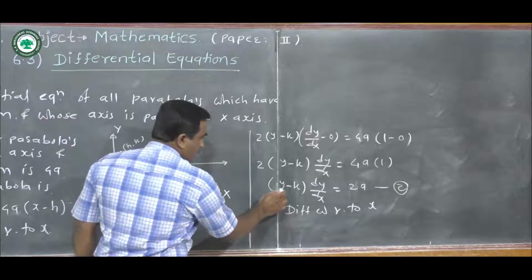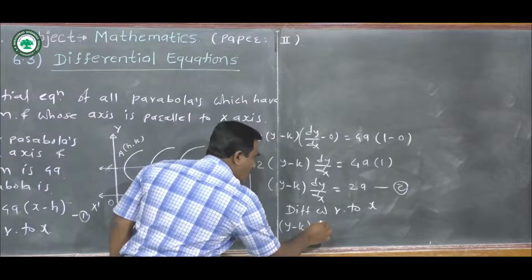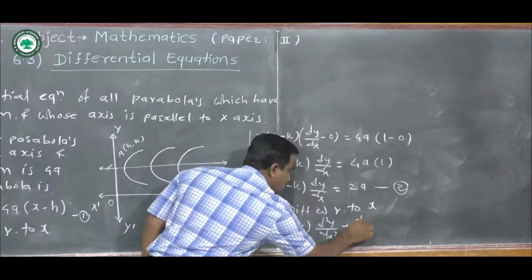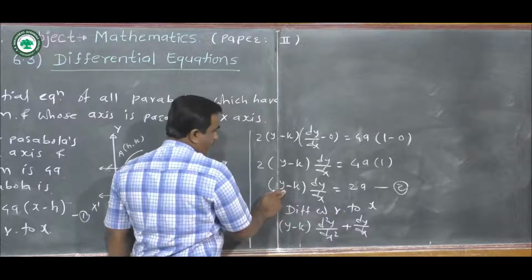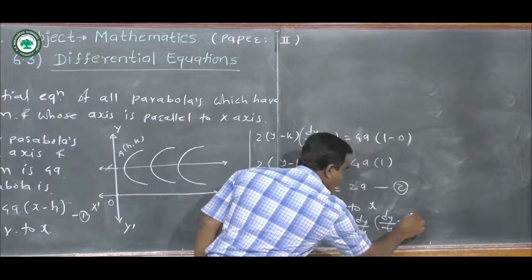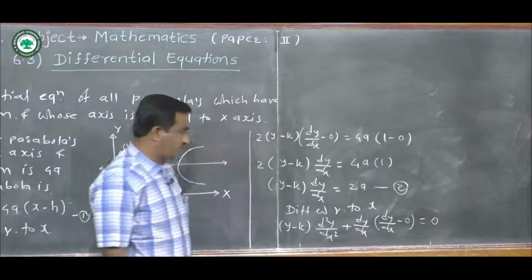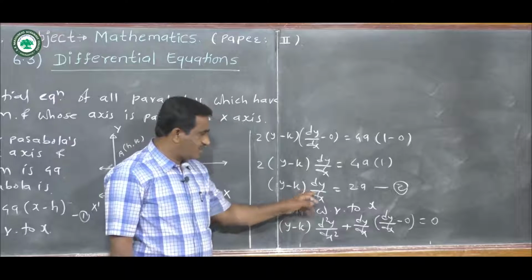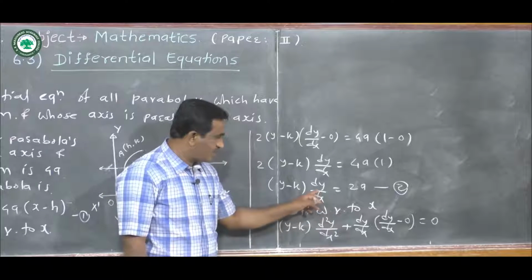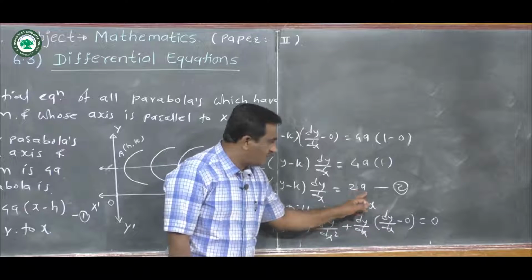Here is a product of two functions, so we can use the product rule: first function as it is into derivative of second function, d square y by dx square, plus second function as it is, dy by dx, into derivative of first function, derivative of (y minus k), which is dy by dx minus 0, is equal to derivative of 2a, which is a constant term, is 0.